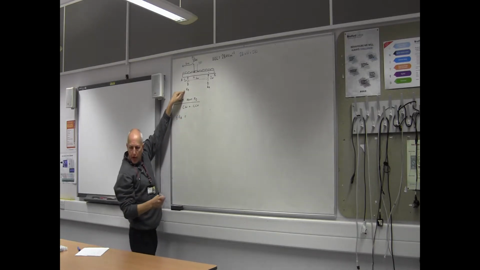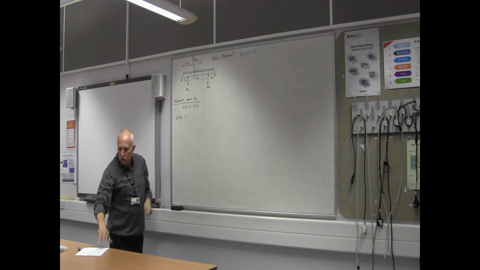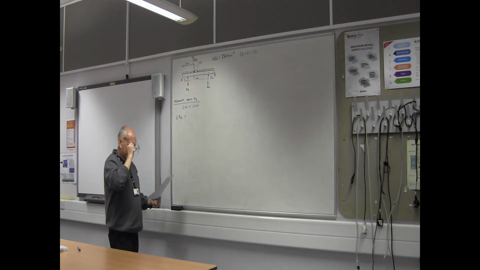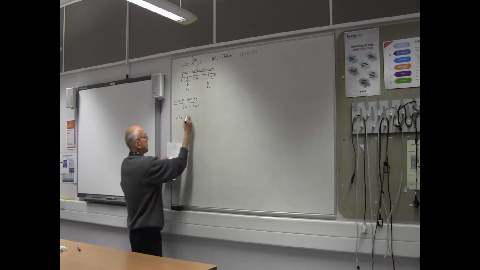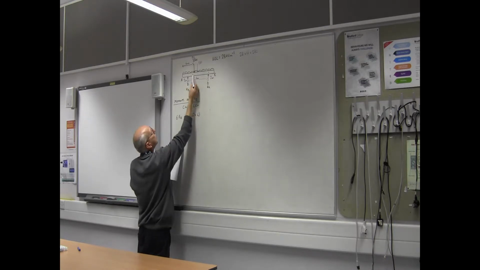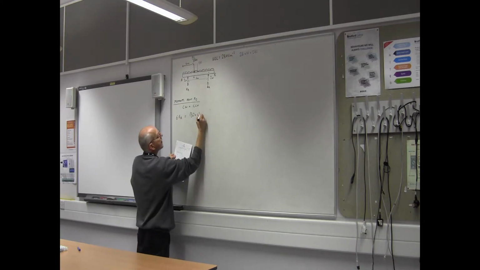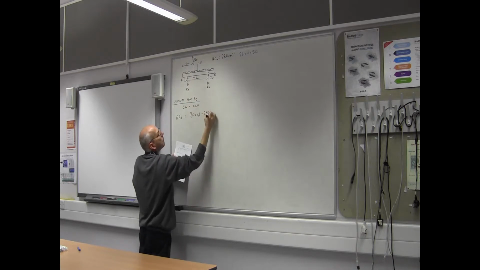Then let's use my notes so I don't go wrong: 30 times 4, that's 4 metres away. If you work that out, and I've got 28 times 3 for that one.